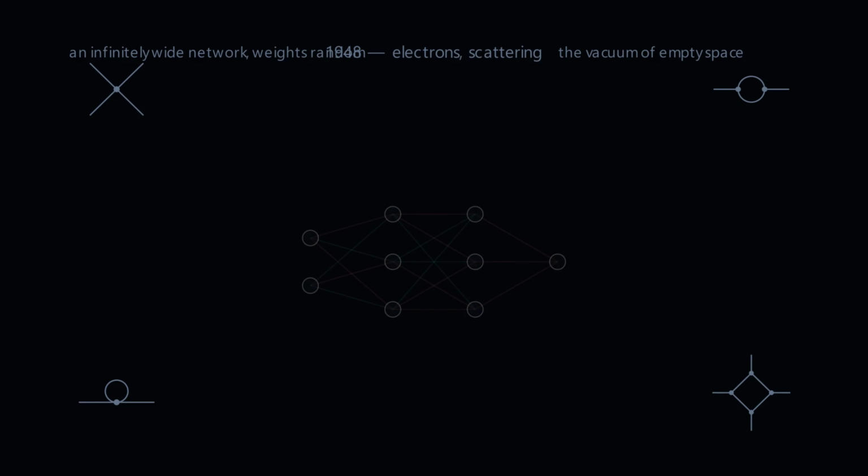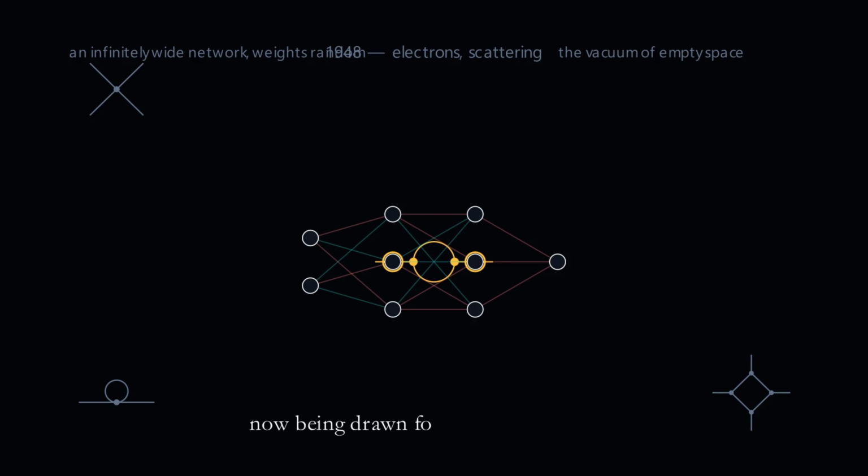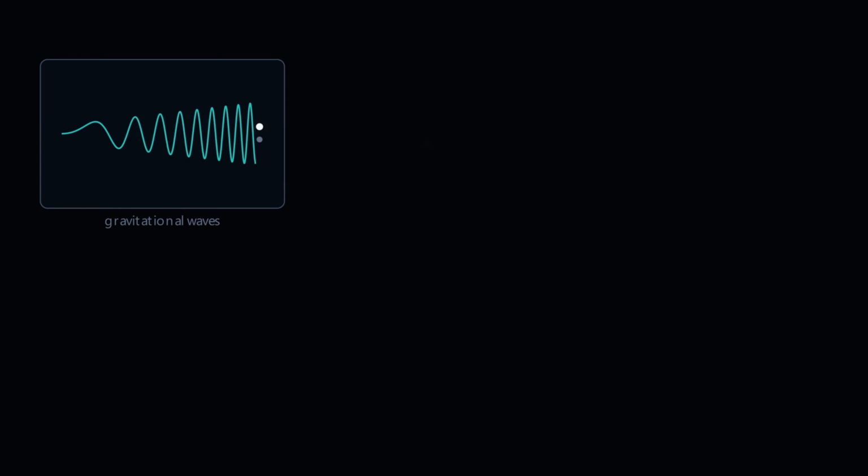And it runs the other way too. If finite width corrections really are interaction corrections, then the tool physicists built for interactions works on neural networks. Feynman diagrams, invented in 1948 to describe electron scattering, now being drawn for a piece of software. The traffic is already heavy in both directions.